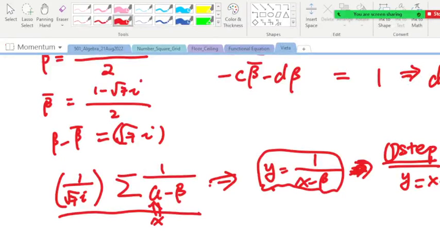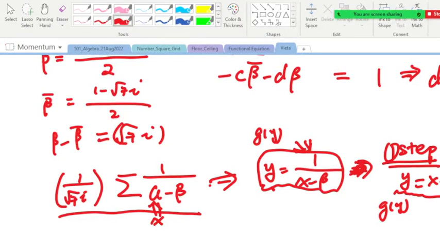Yes, I do. Right? This is 1 over x minus beta. So we want to find a polynomial g of y whose roots are 1 over x minus beta. I want to do two steps here to make it easy. The first step, I want to find g of y with the roots x minus beta. Then I can invert it. Do you agree with me, Jonathan?